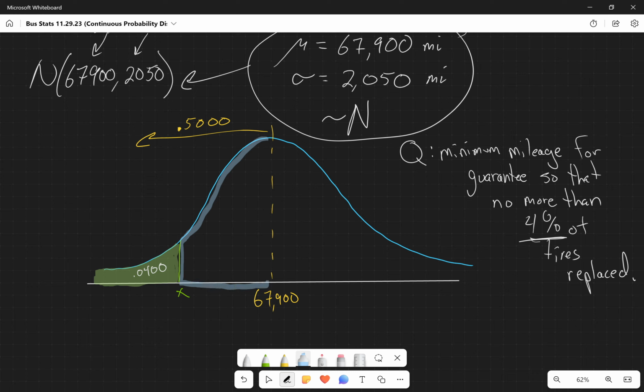The part here has to be 0.46 or 0.4600. And why is that? Because these two things have to add up to this, right? 0.04 plus 0.46 is going to equal 0.5.